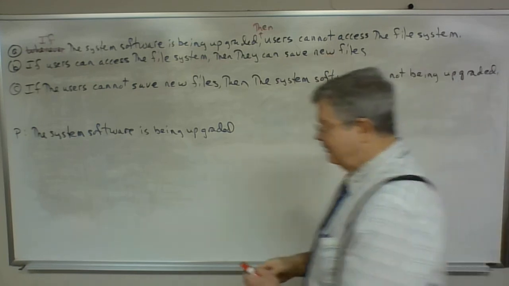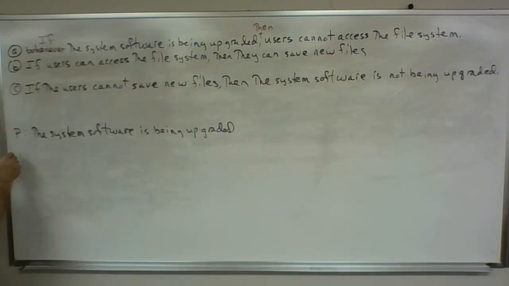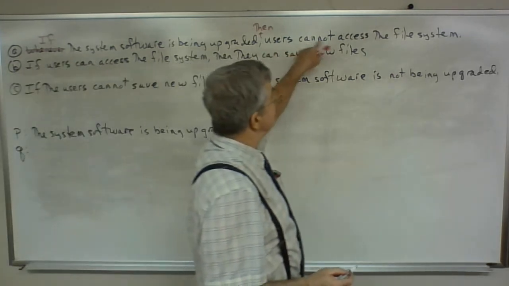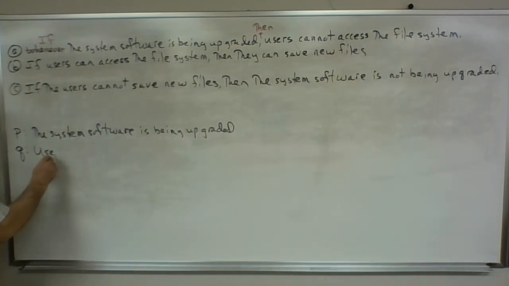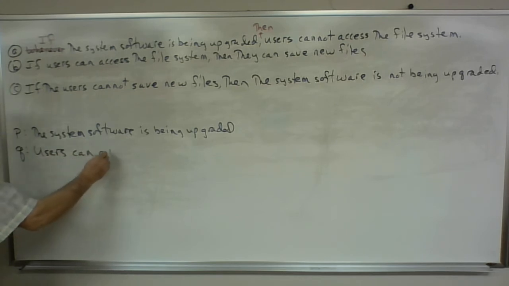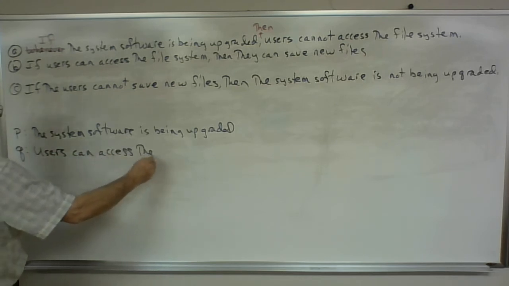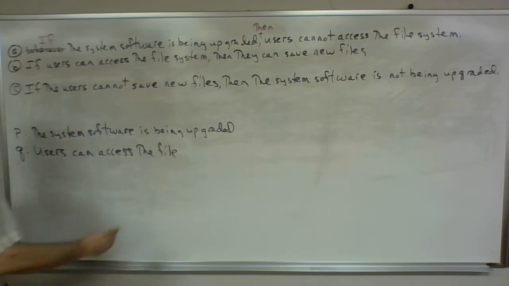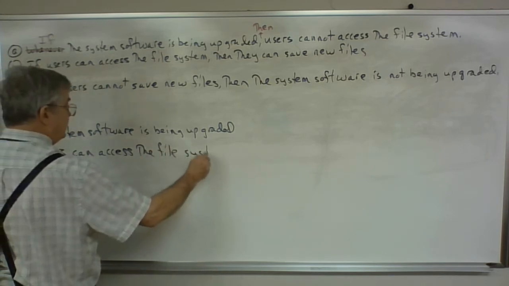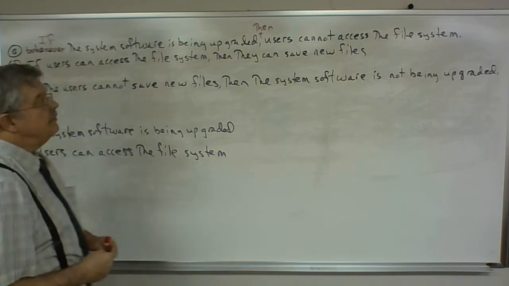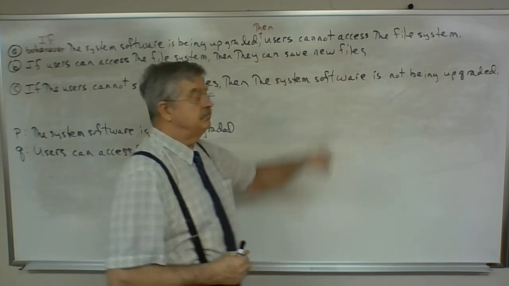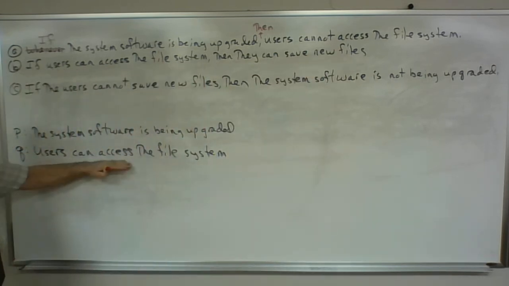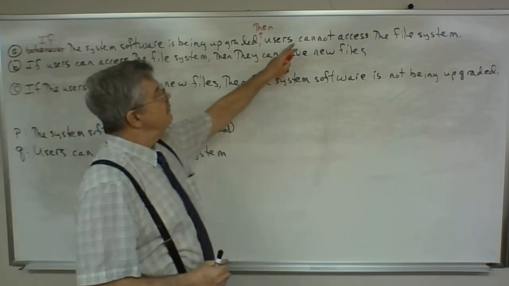I'm going to consider the second proposition, Q, to be this: users can access the file system. So that would really mean that this simple statement is not Q. Q is users can access the file system. So this would be not Q.